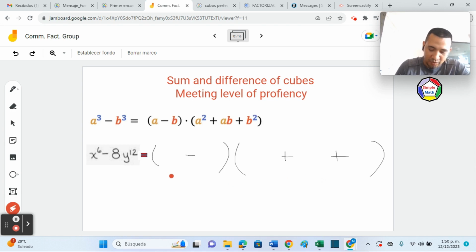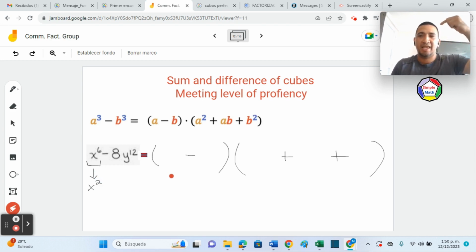The next step is to calculate the cube root of each term. The cube root of x exponent 6 is x exponent 2, because x exponent 2 times x exponent 2 times x exponent 2 gives us x exponent 6.